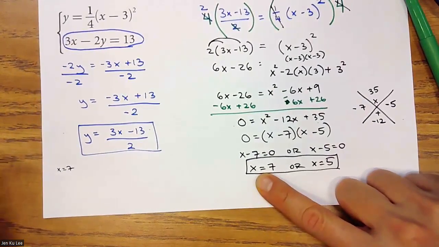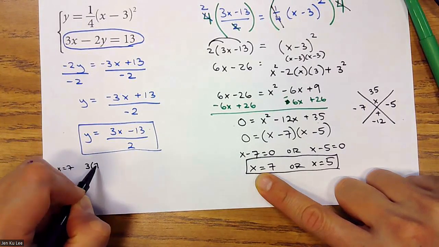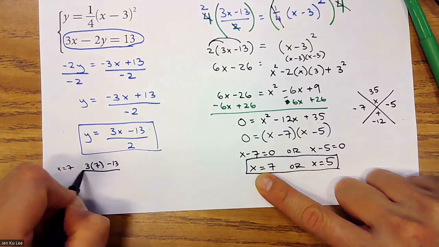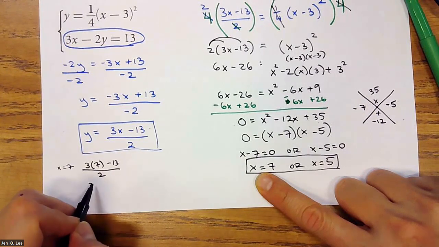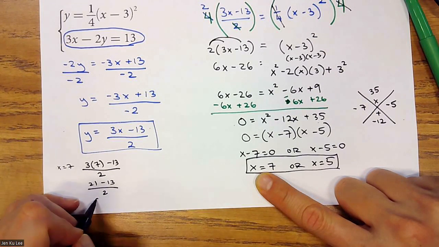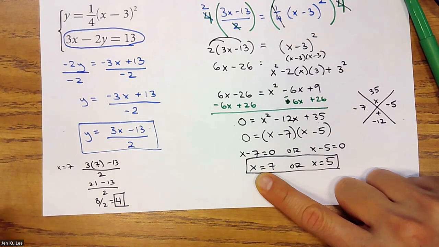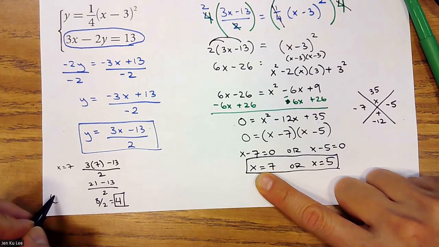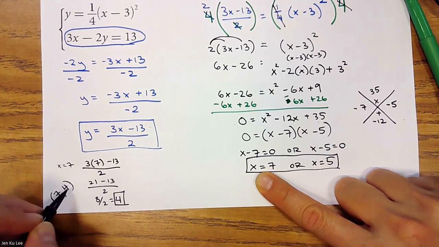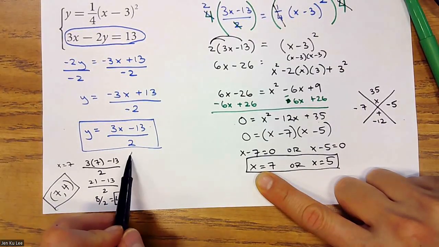That means it's going to be 3 times 7 minus 13 divided by 2. 21 minus 13 divided by 2. That's 8 divided by 2, which is 4. Right? So I have one coordinate of 7, 4. Yeah?